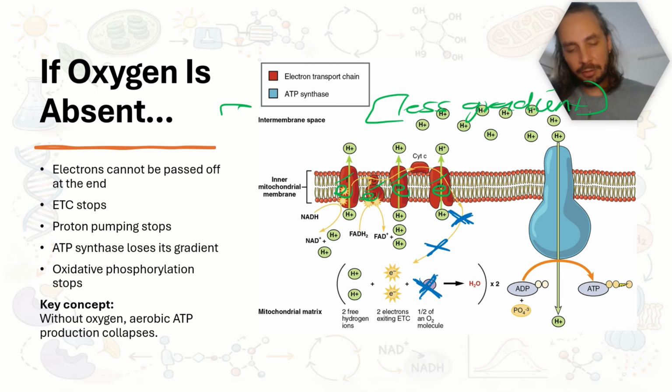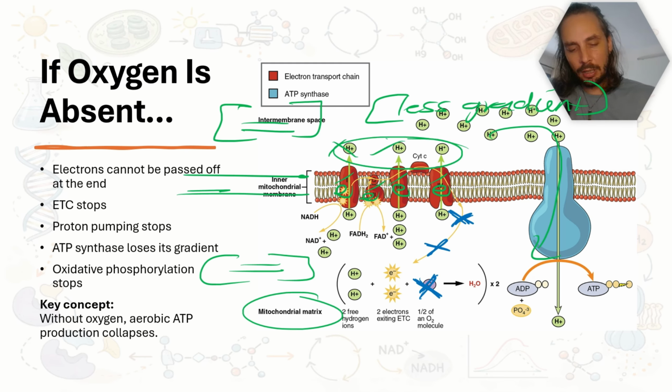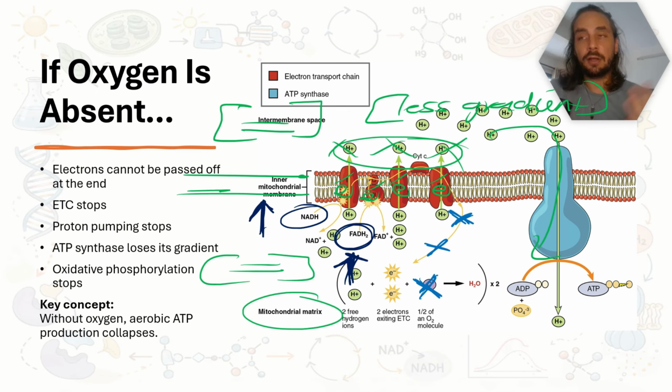If I look at the concentration gradient in the intermembrane space and the mitochondrial matrix, they will become more equal because hydrogen ions flow through, but no new hydrogen ions are being pumped in. Another thing that's going to happen is NADH is going to start building up because it can't get rid of its electrons, and FADH₂ is also going to build up because it can't get rid of its electrons.